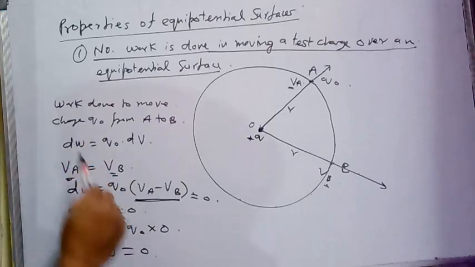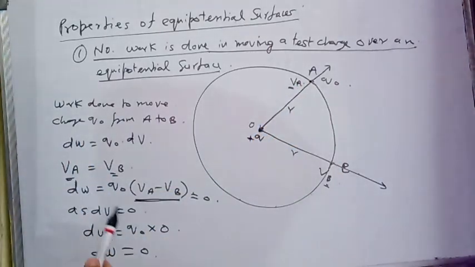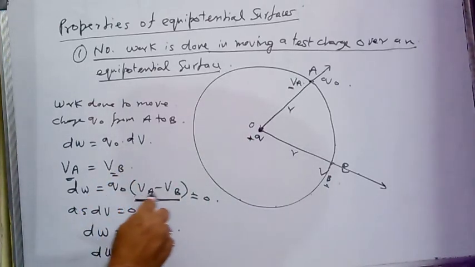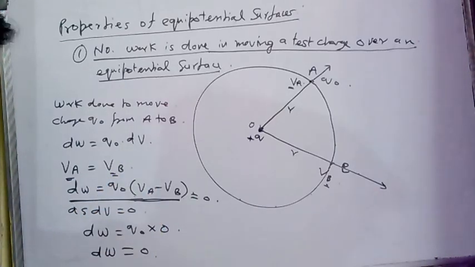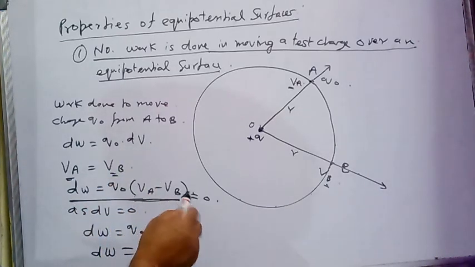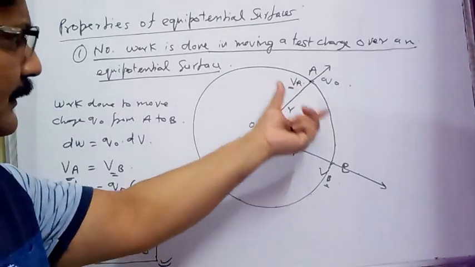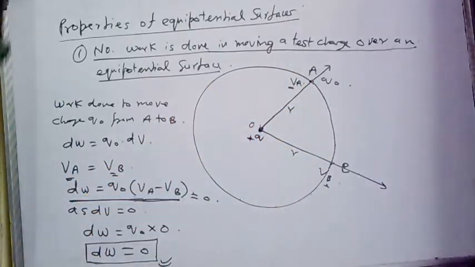So the amount of work done to move the Q0 charge from A to B, by the definition of potential difference, we know that charge multiplied by potential difference is equal to the amount of work. That is why, if VA minus VB is 0, then the work done is going to be 0. This is the first property. To move any charge from one point to another on an equipotential surface, the work done is going to be 0.